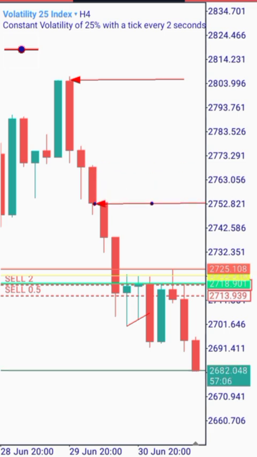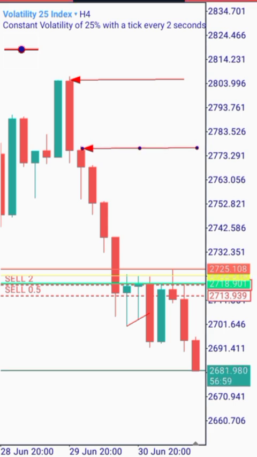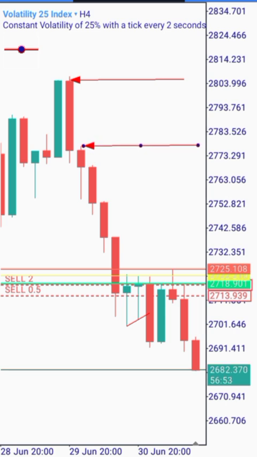Do you understand? The wicks represent the distance of the candlestick, which means the candlestick started forming from here and ended here. But based on the candlestick body, this is where the candlestick opens and this is where it closes. Do you understand? So let's go back to the daily candlestick.